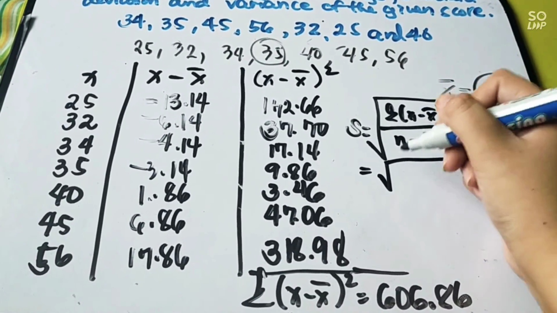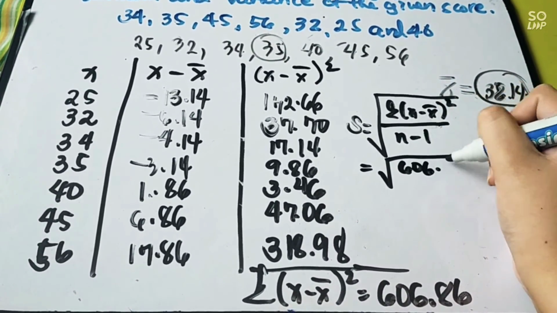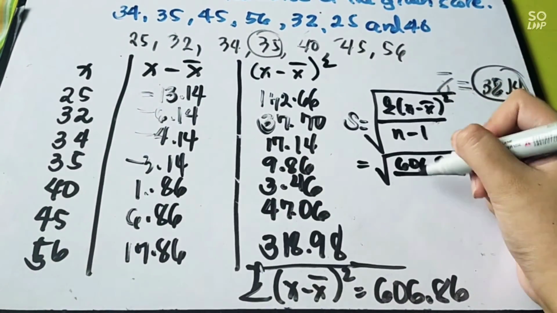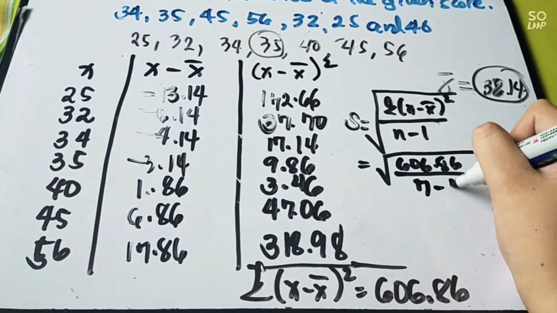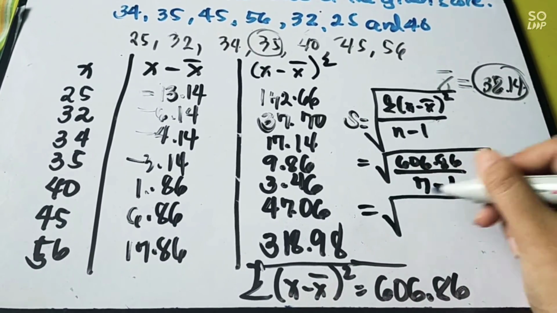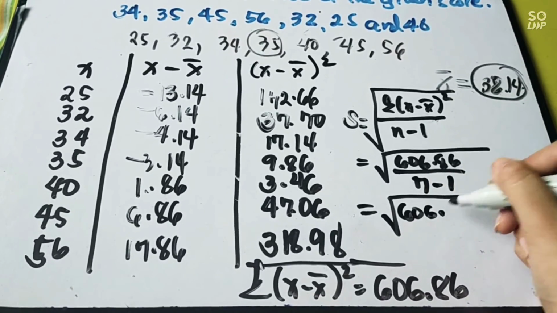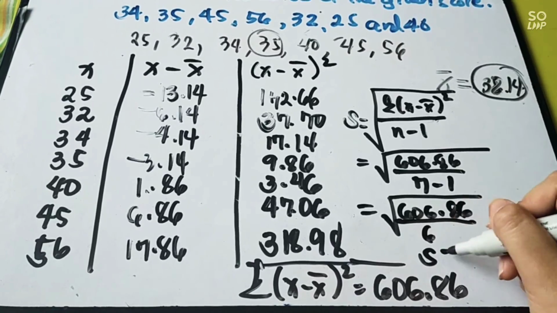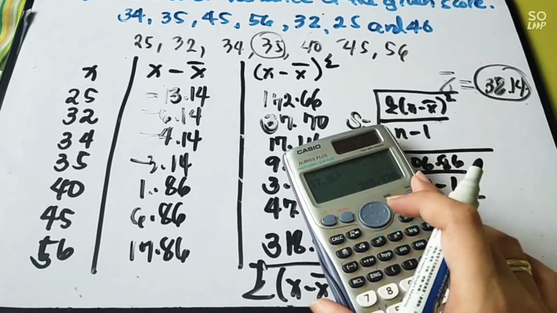So, we have the sum. Ang sum natin ay 606.86 divided by the total number of n mo here is 7 minus 1. So, therefore, that is 6. So, we have the square root of 606.86 over 6. So, that would be your standard deviation.